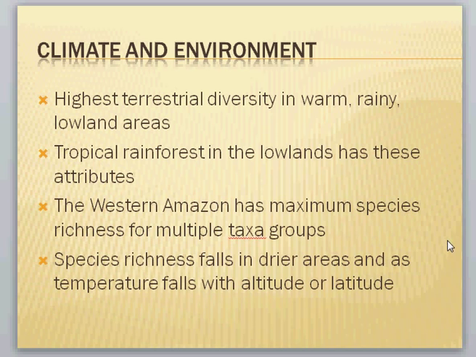This tends to have the maximum species richness for more than one taxa group. As you move away from the warm and the rainy lowland areas, species richness will tend to fall. So species richness tends to fall in drier areas where there's more seasonal or less rainfall, and as temperature falls, as with latitude or altitude.